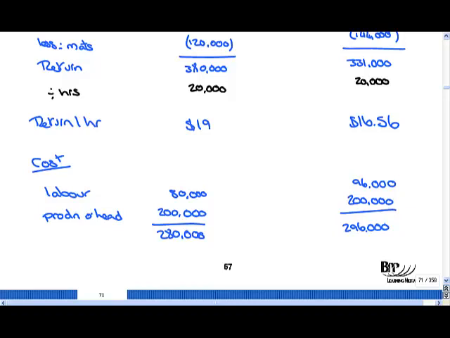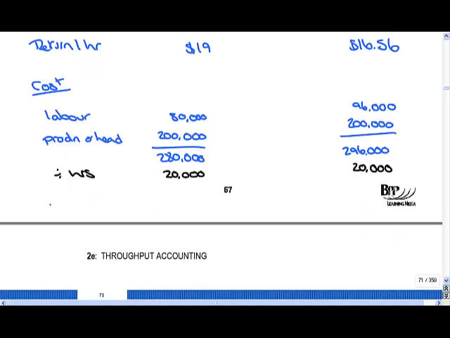So again, we want to get that per hour. So if I bring in my capacity hours of 20,000, and then calculate our cost per hour. So for Will it's 14, for Grace it's 14.80.